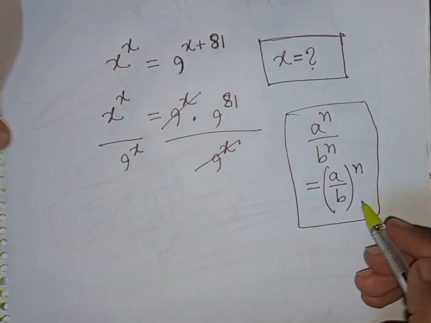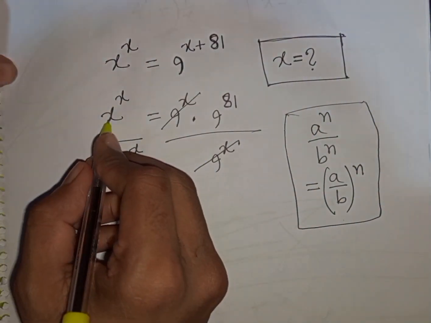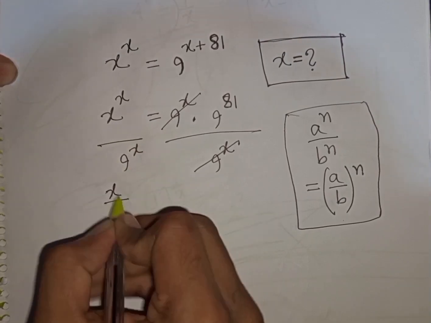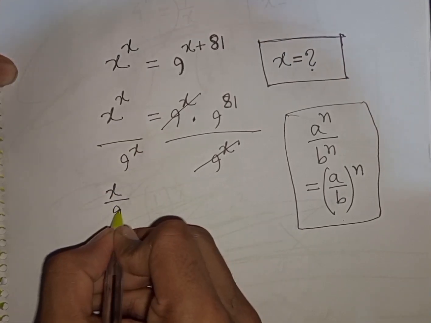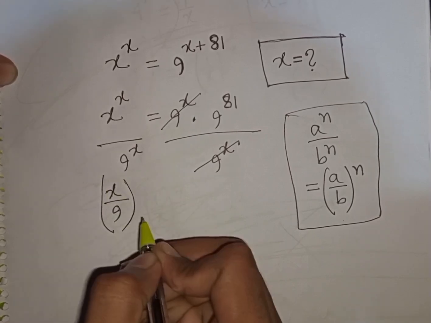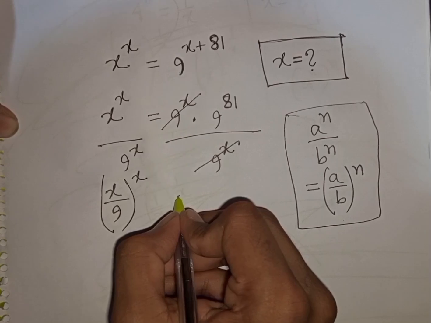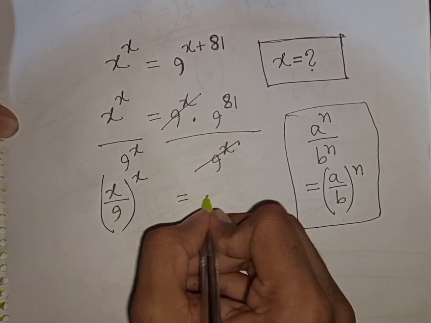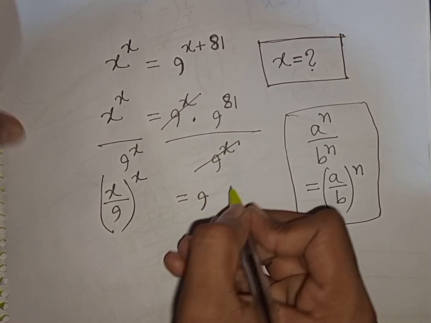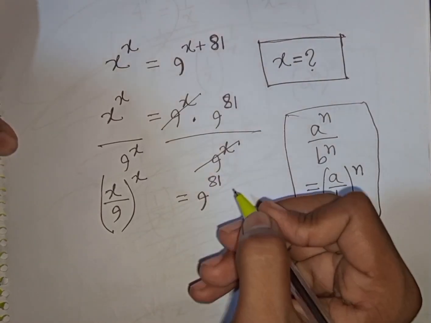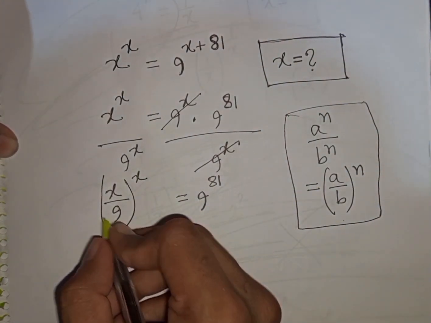So according to this formula, I can write here x over 9, then bracket common power x is equal to 9 power of 81. Now we divide by power of 9 on both sides.